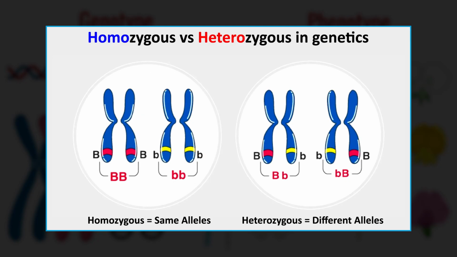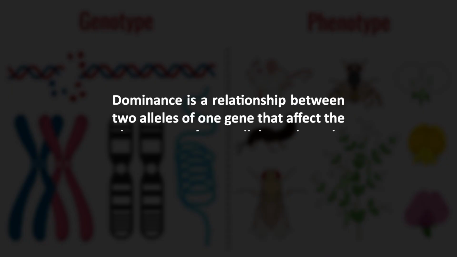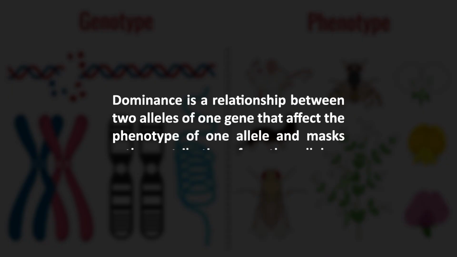An individual can have only one type of allele, that is homozygous, or different alleles, that is heterozygous. A series of mutant alleles can exist in a population. So dominance is a relationship between 2 alleles of one gene, where the phenotype of one allele masks the contribution of another allele.